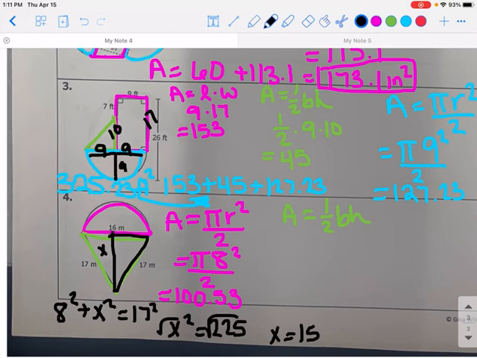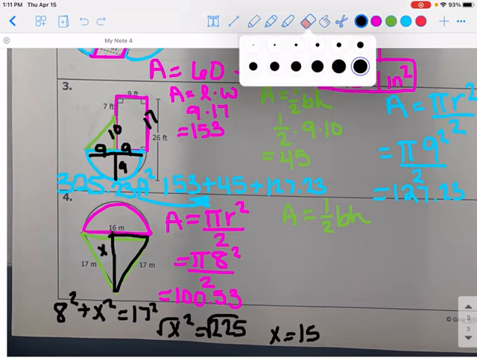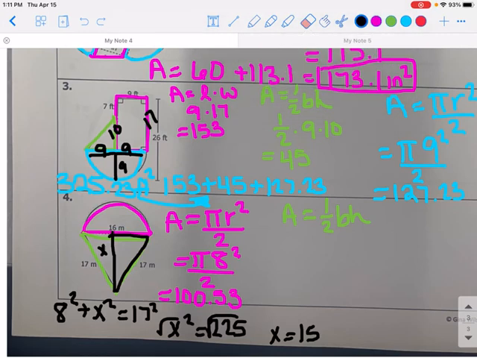So I will erase my X now. Oops. And I'm going to put 15 in its place.